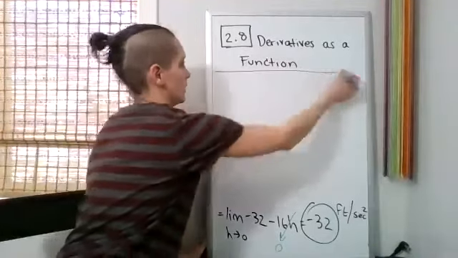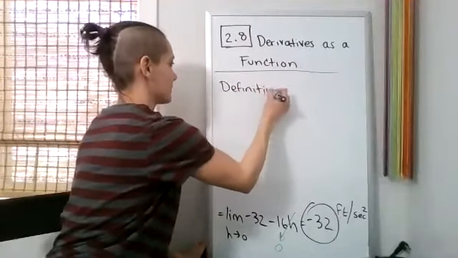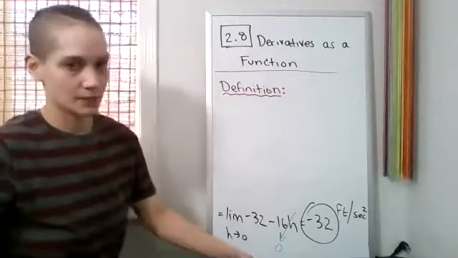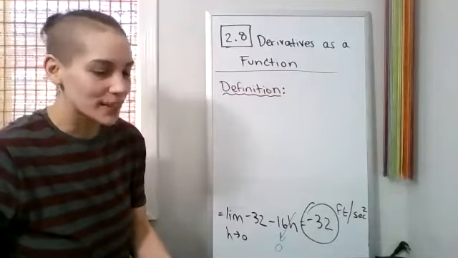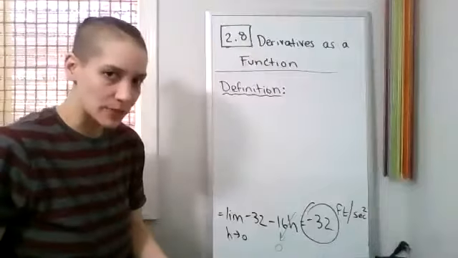Definition. The derivative of a function f of x is a function called f prime of x.